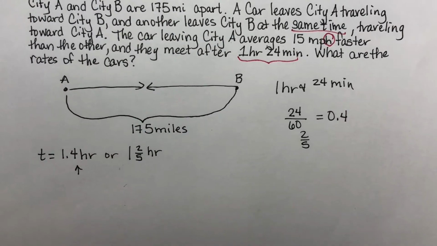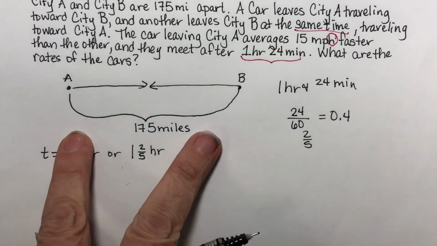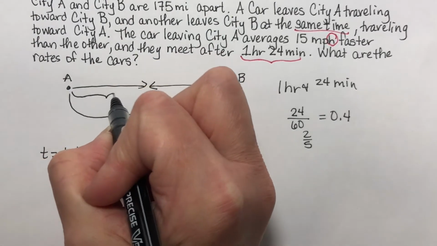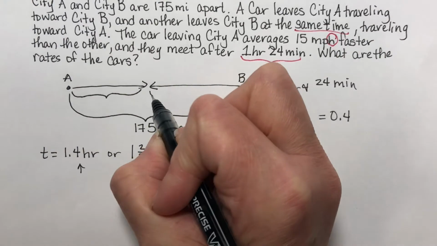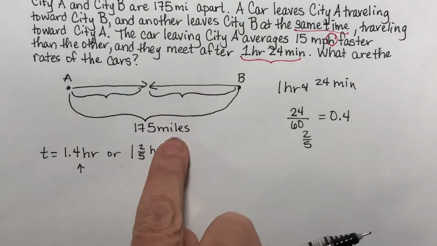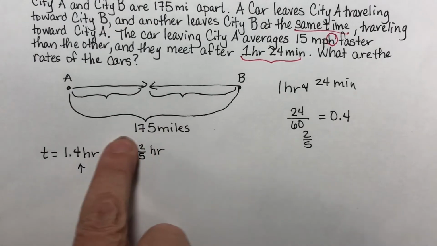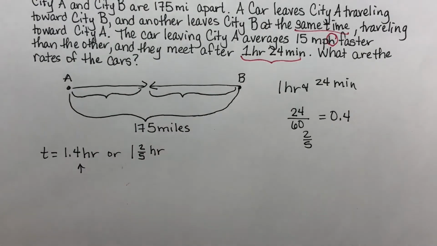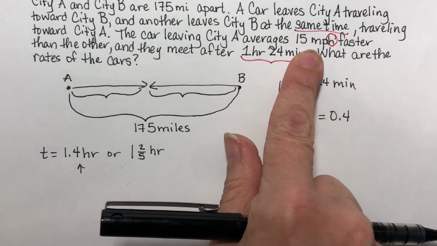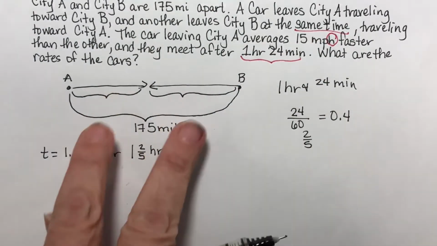So let's come back to our picture. If I can find a way of talking about how far this is and how far this is, then if I add those two distances together, I should get 175. So that's going to be one of my goals. Then I also have to take into account that one is 15 faster than the other. Let's start off with the distances.